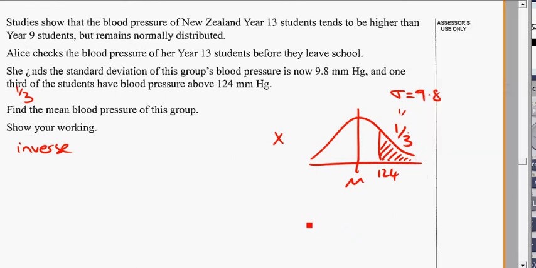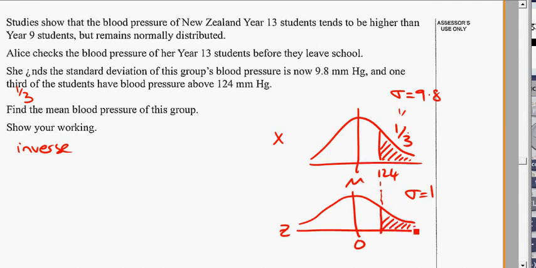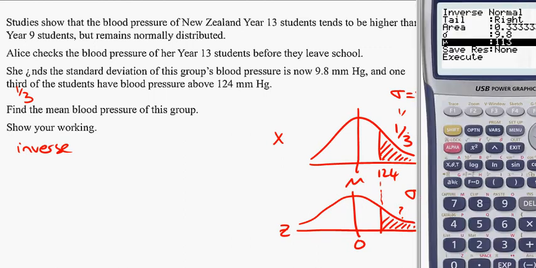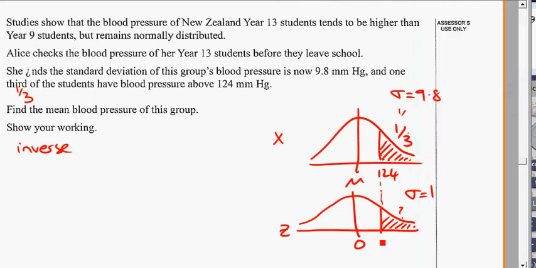So this is one of those questions where we're going to need to use a curve where we do know the mean and the standard deviation, and that would be the 0, 1, z standard normal curve. The value of 124, we need to find what number 124 translates to. So now we can use our standard deviation of 1, mean of 0, and we get a value of 0.4307.